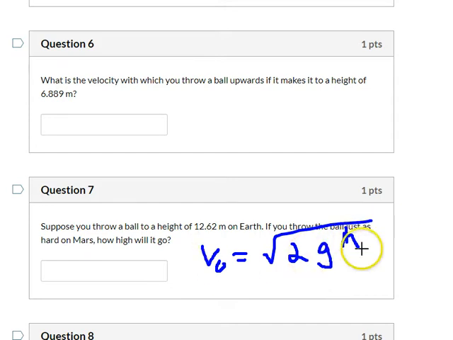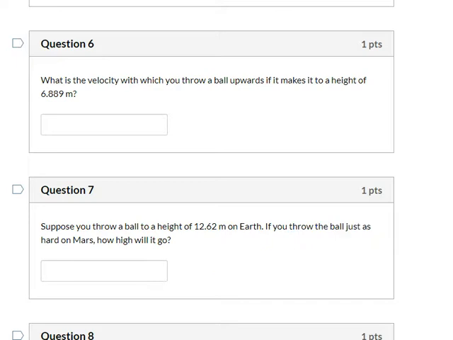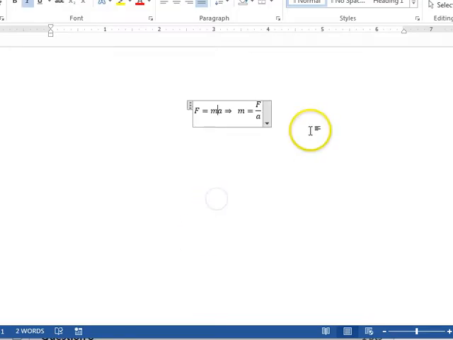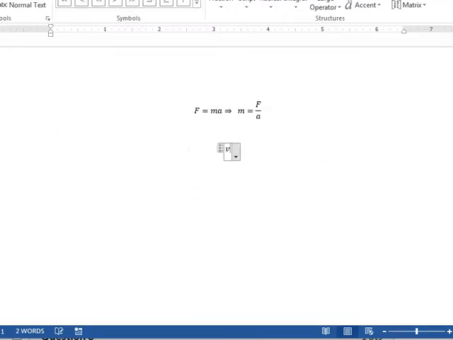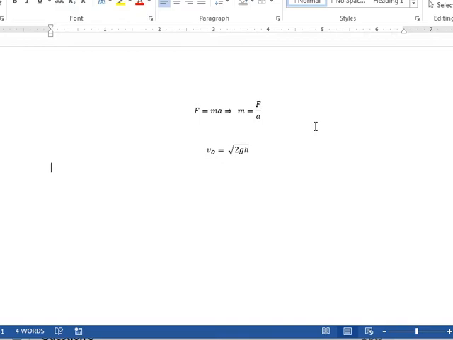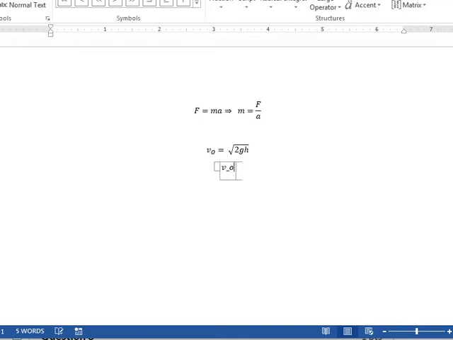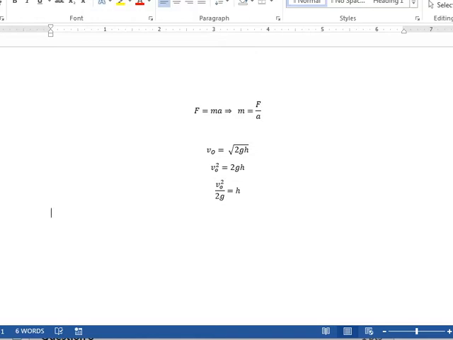H we have to find, so let's square both sides. v naught squared equals 2gh, and we just have to isolate h, so v naught squared over 2g equals h. That gives us the height we go to on Mars after we calculate the velocity we threw it with on Earth.